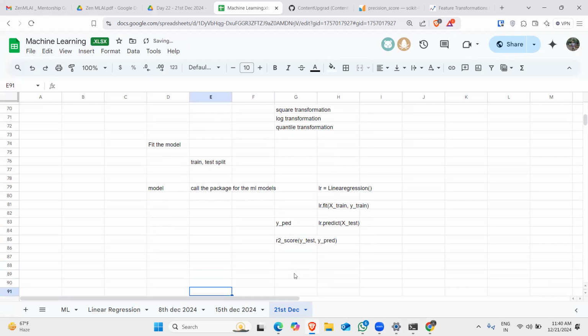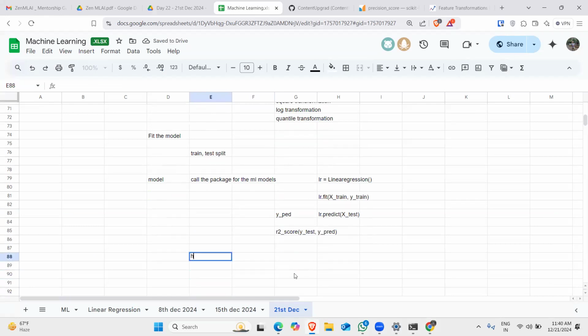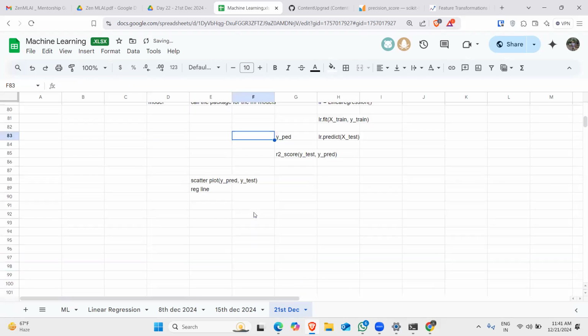Then we can visualize the model by plotting a scatter plot between y_pred and y_test to check how well the model has predicted. We'll draw a regression line and check how the model has fitted. And then there are several techniques to increase the accuracy once the model is fitted, which we have not completed.